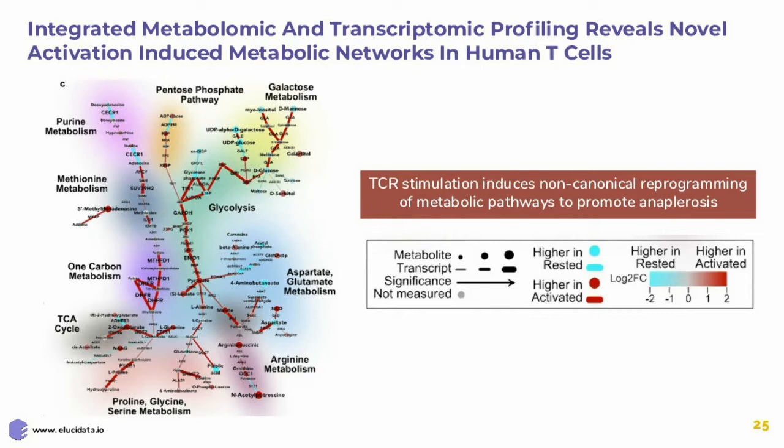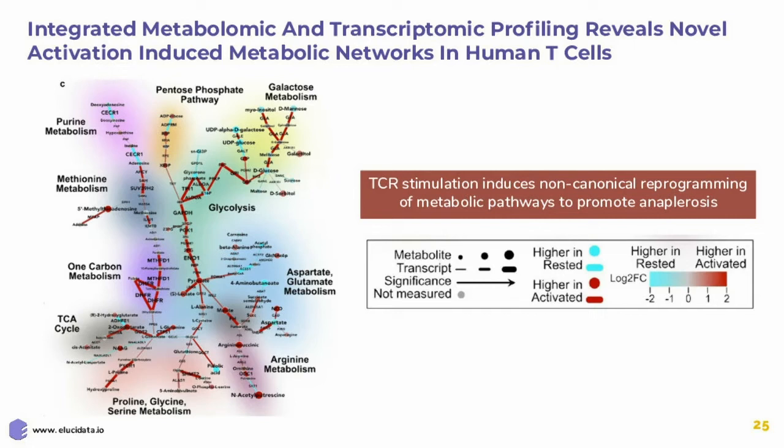Before I go into the depth of this data, I just wanted to give you a little bit of a key on how this data is being represented. So what we are doing over here is we are comparing the metabolism pathways in resting and activated T cells. So essentially this is a fold change. It's a difference in pathways, both in metabolite expression and transcript expression, in resting T cells and T cells that have been activated for 24 hours. The color, red versus blue, talks about whether a gene is being upregulated or downregulated.